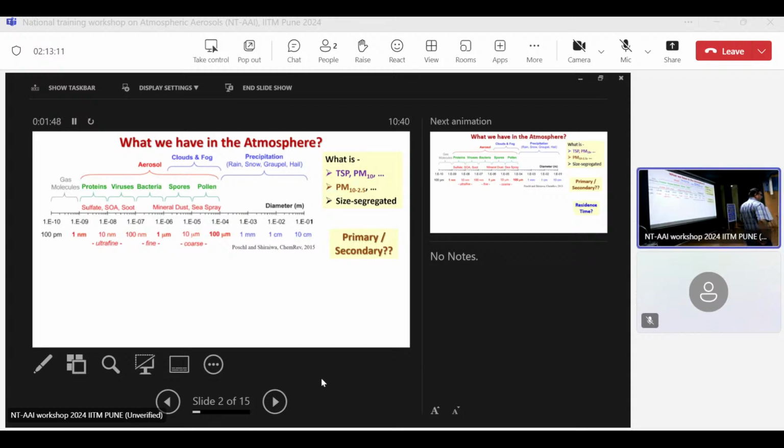Difference between primary and secondary aerosols. I want everybody to get there. One person, what is it?